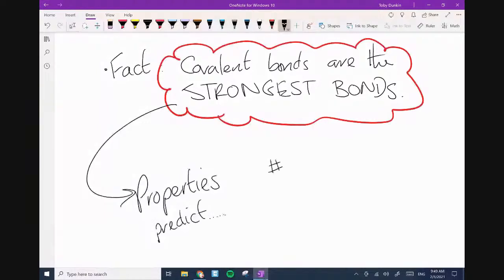What properties would we have based on them being the strongest bonds? Just give you guys a little bit of time to think about it. It's always nice to do that.